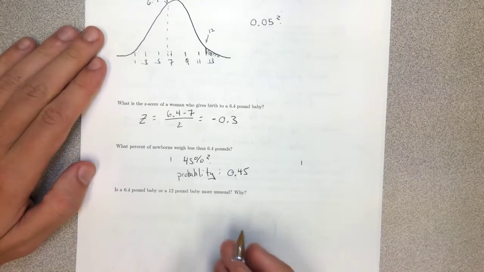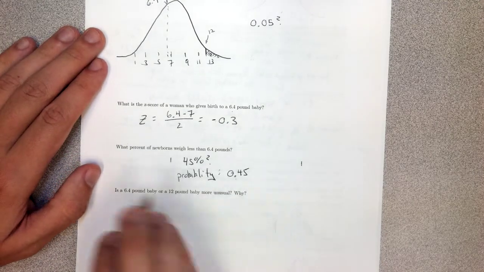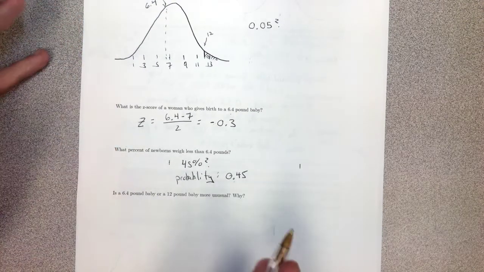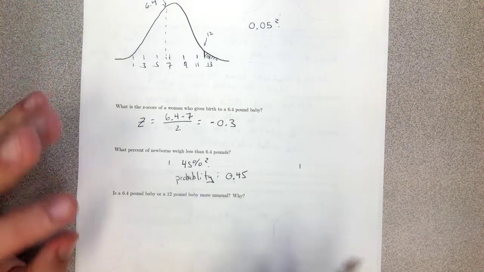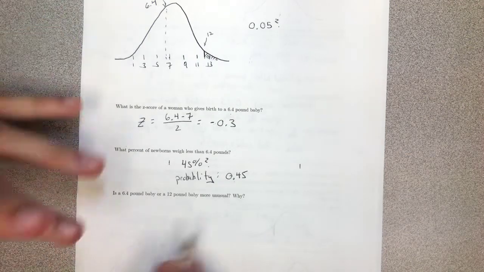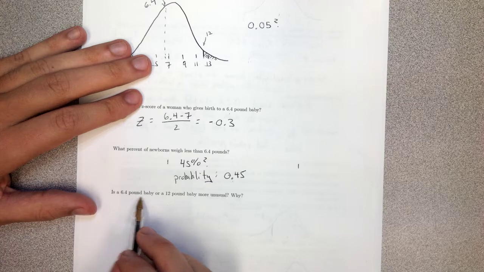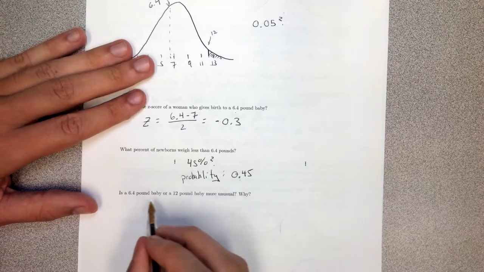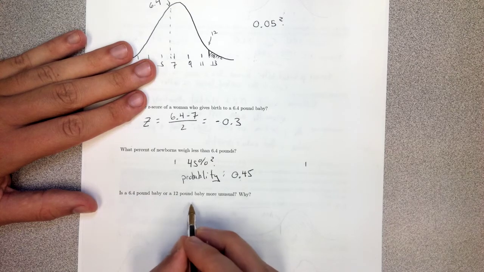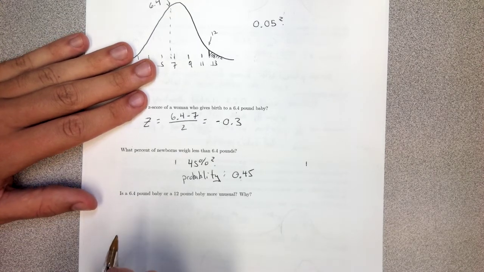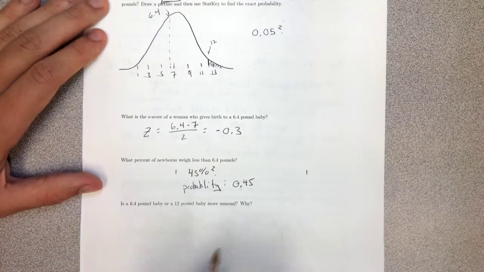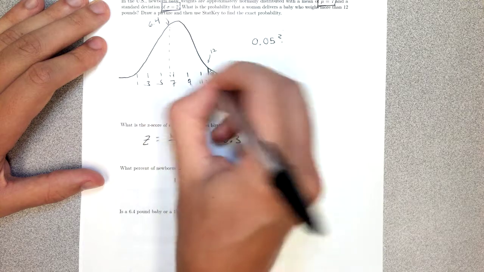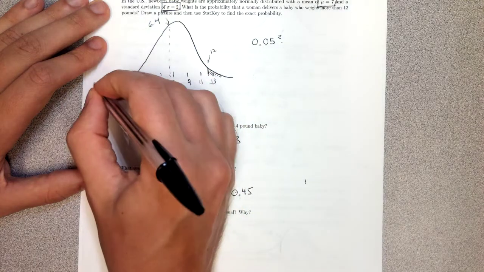And finally, we're going to talk about this question that, again, we'll come back to in hypothesis testing and informal statistical analysis. So it seems kind of out of place here, like, well, what's the point of talking about this? But we'll see its use a little bit later. And so the question is, is a 6.4-pound baby or a 12-pound baby more unusual? And what we want to do to answer that is we just want to see which value is farther into a tail.